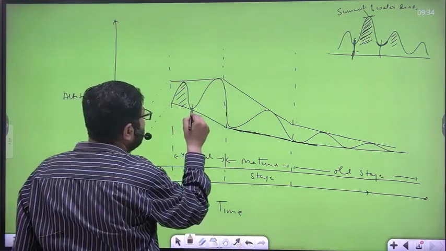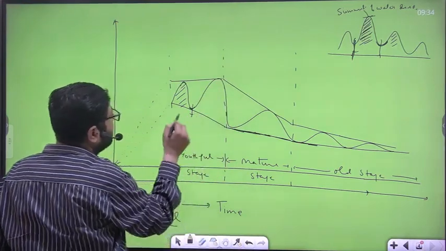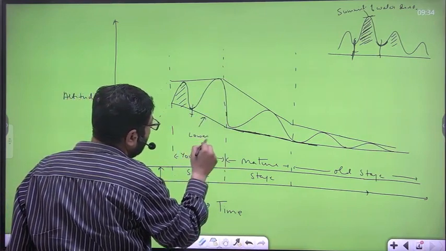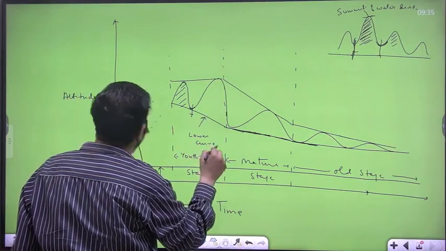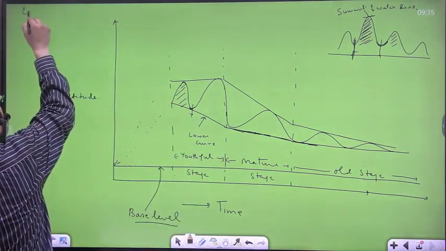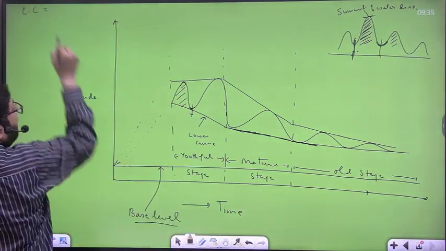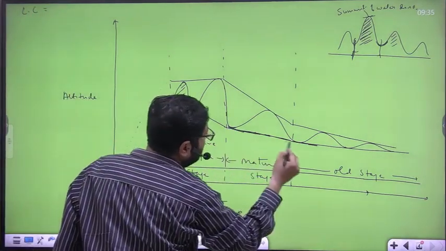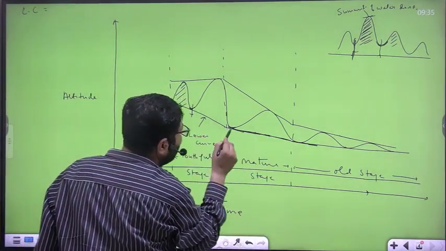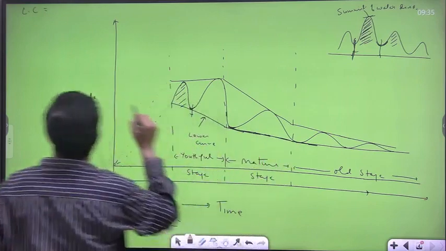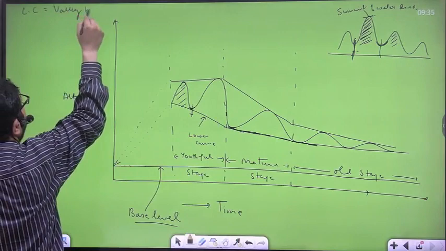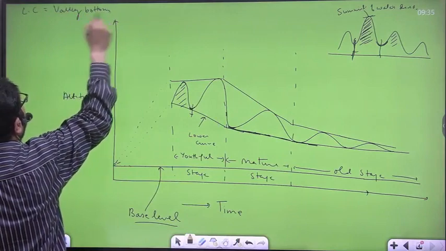This is valley bottom. This is known as lower curve. Lower curve, LC. LC indicates lower curve. This lower curve is depicting what? This is depicting valley bottom. Valley bottom, LC.